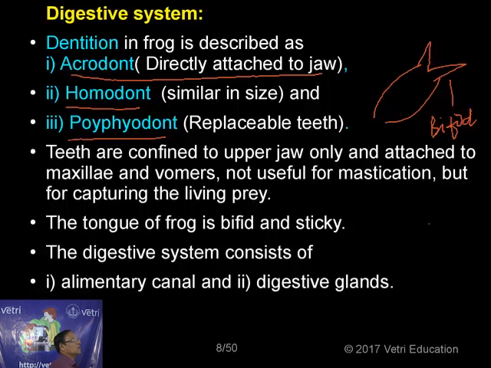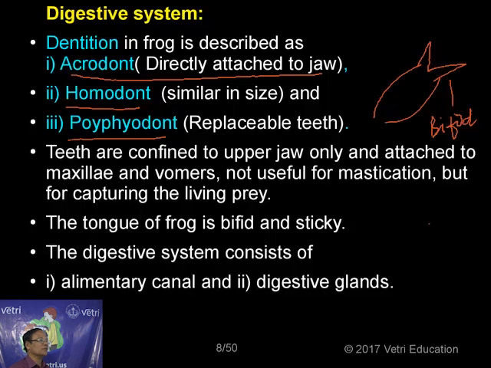Our teeth are diphyodont, meaning we have two sets of teeth during our lifetime: the milk teeth up to about six years in children, replaced by permanent teeth in adults. In mammals, the condition is normally diphyodont. In the frog, it is polyphyodont, meaning several sets of teeth are replaced during its lifetime.